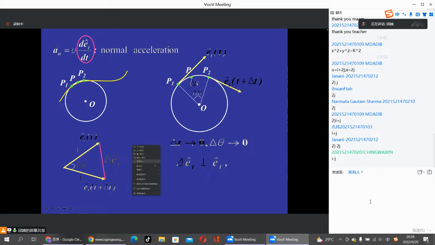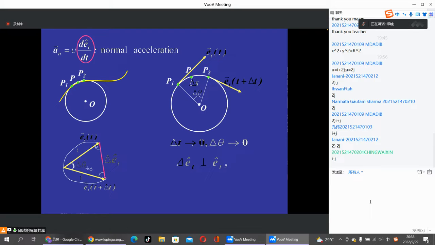This angle here is very close to zero. It means this is the diameter, and this is the diameter, and this angle is equal to this angle.